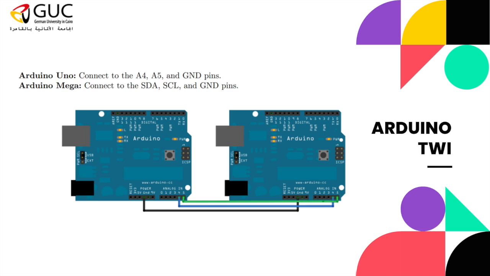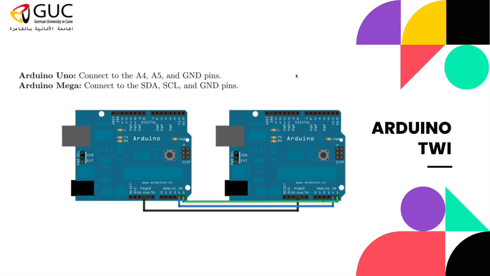And yes, you can connect an Arduino Uno to an Arduino Mega, no problem. However, the SDA of the Arduino Uno, which is A4, will be connected to the SDA of the Arduino Mega, which is pin SDA. And the SCL of the Arduino Uno, which is pin A5, will be connected to the SCL of the Arduino Mega, which is called SCL.